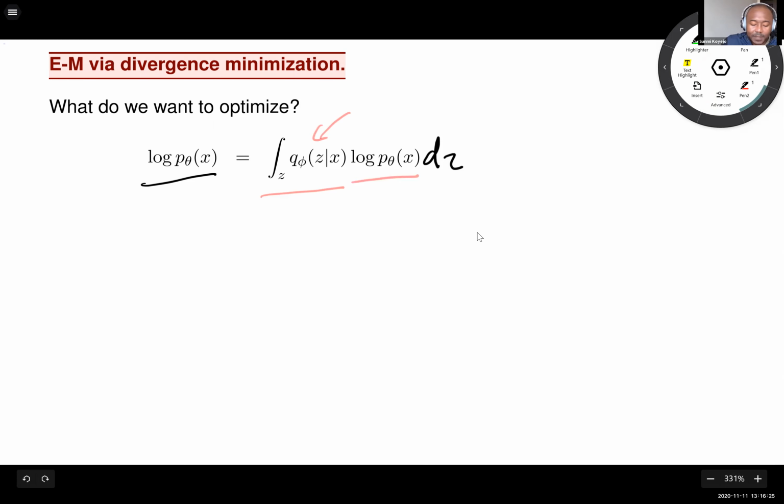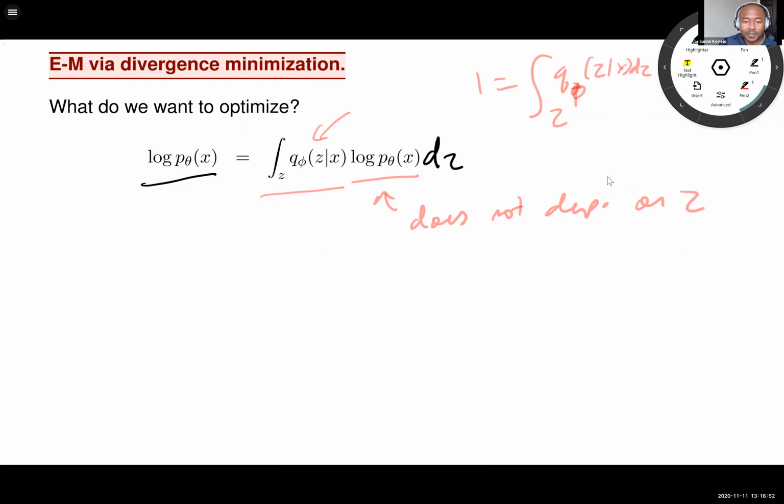This term doesn't depend on Z, so hopefully you can see that the left and the right-hand side are exactly equal. Okay, so all I've done is take something and multiply it by 1, where 1 is equal to the integration over Z of Q phi of Z given X dz. As this is a density, by definition, it integrates to 1, so I multiplied by 1.